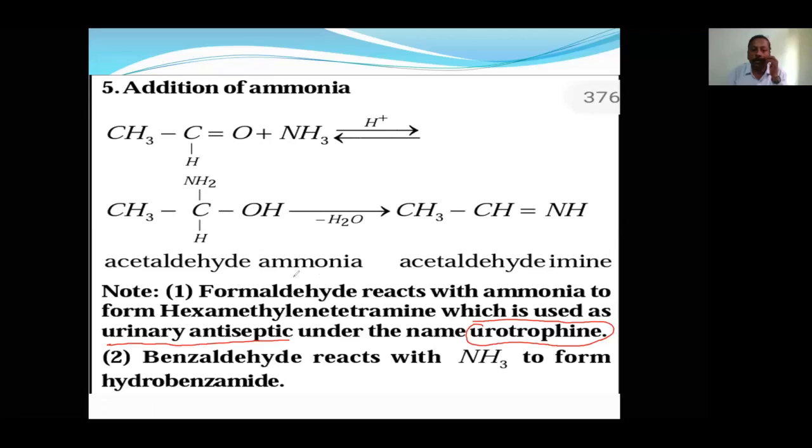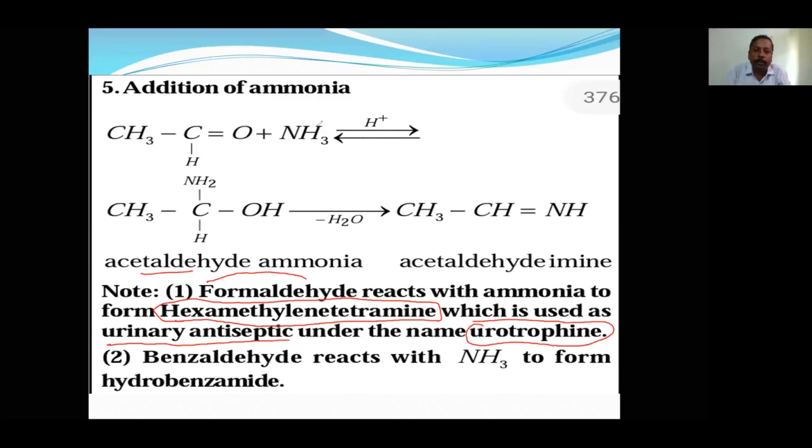Formaldehyde reacts with ammonia to form hexamethylene tetramine, which is called urotropin. Here we have reacted acetaldehyde, but if we react formaldehyde, then hexamethylene tetramine will be formed, which is urotropin.